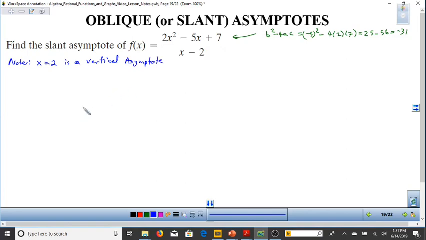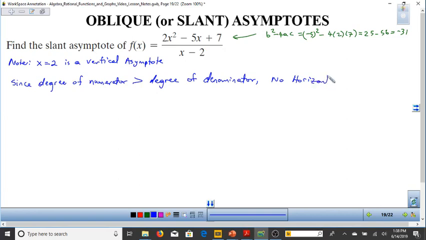Next, since the degree of the top, the degree of the numerator, is greater than the degree of the denominator, then there is no horizontal asymptote. And now we also notice that the degree of the top is 1 more than the degree of the denominator.